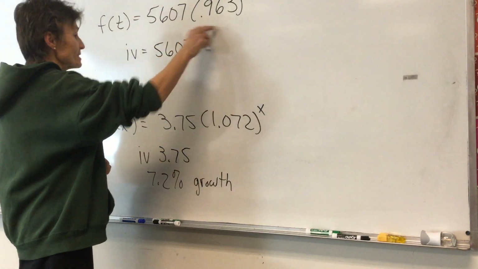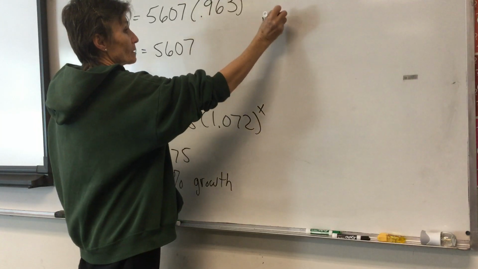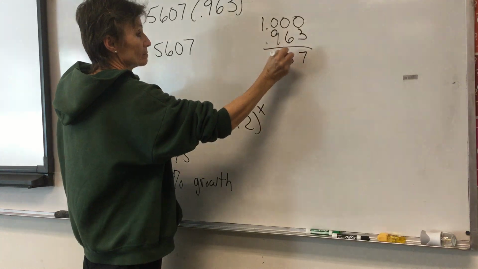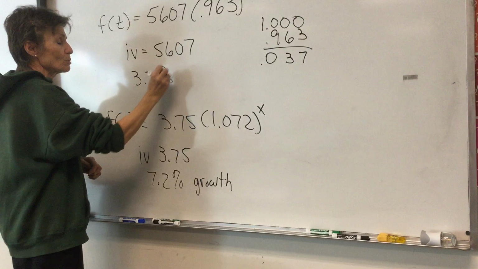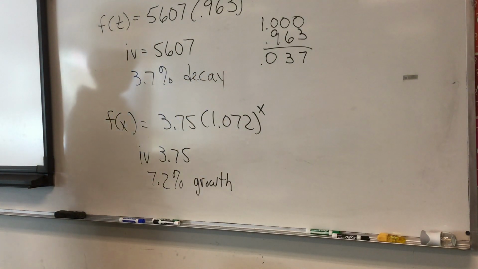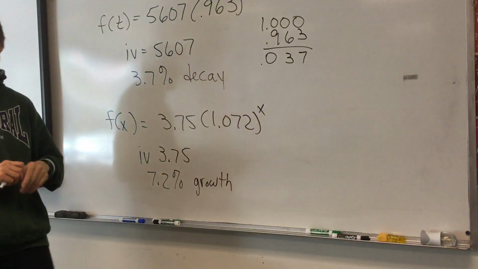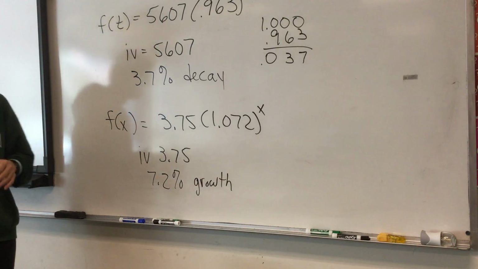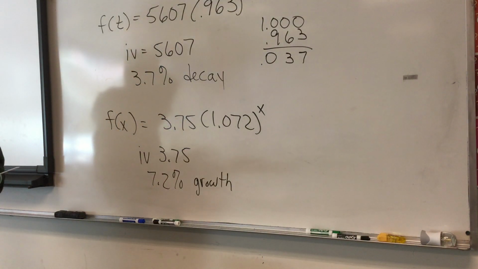So this one is less than 1. How much less than 1 is it? 0.037. Yep. So that would be a 3.7% decay, because it is 0.037 less than 1. The amount that you are bigger than 1 or less than 1 is your rate of growth or decay.